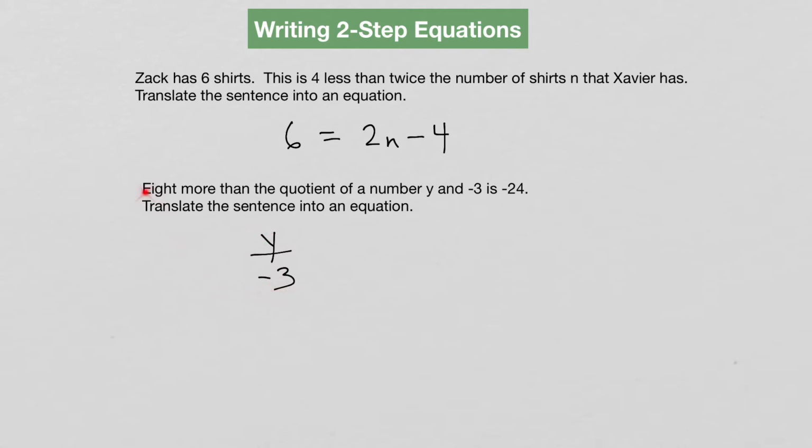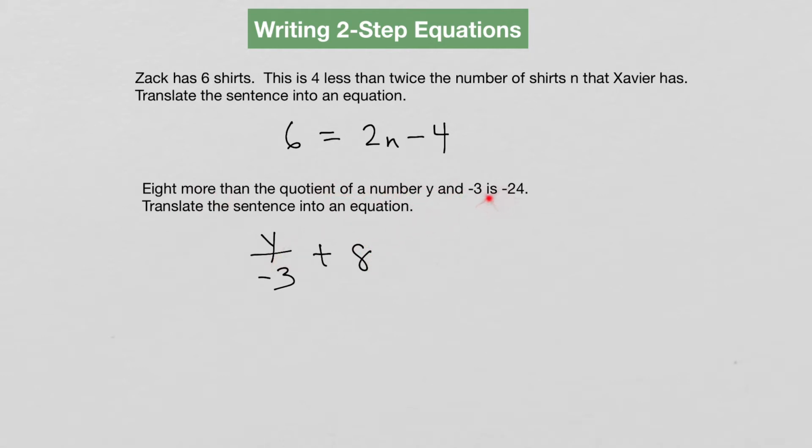Then we have this first item, 8 more than. So it's going to be 8 more than this, which means it's going to be 8 more than, and then is negative 24. So we got 8 more than the quotient of a number y and negative 3. We've got those two components.